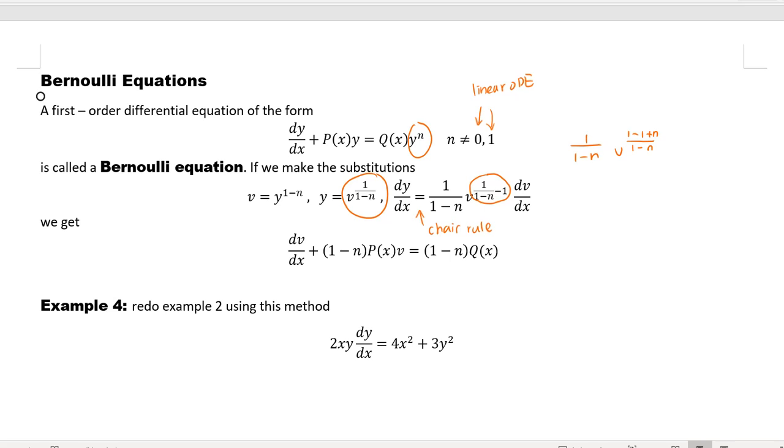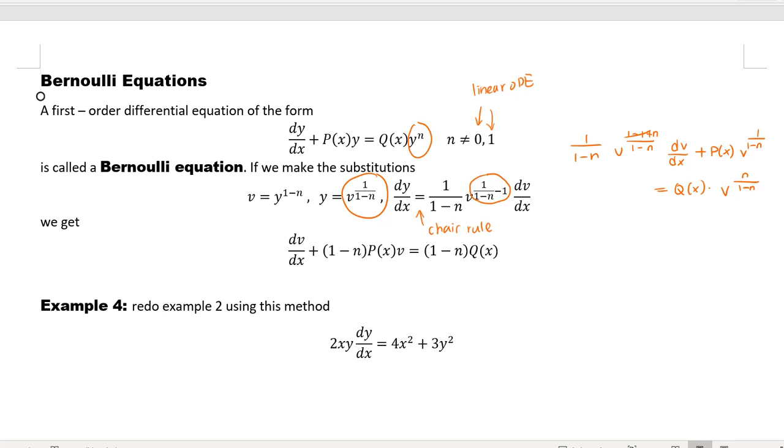If you take the common denominator 1 minus n, and then we still have dv dx. And then this guy plus p of x, y. Y is v to the 1 over 1 minus n equals q of x. Y is v to the 1 over 1 minus n, but because y to the n, so we put n on top. Okay, now you can see this guy cancel.